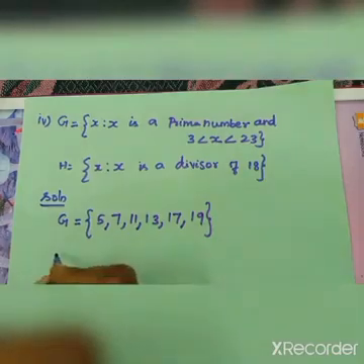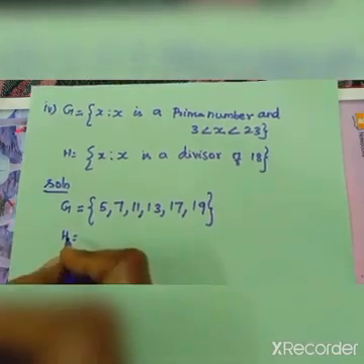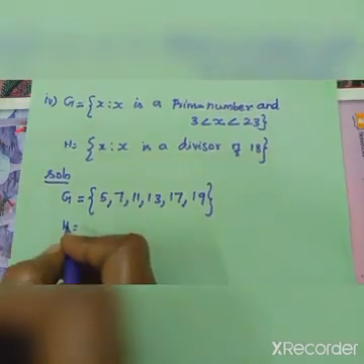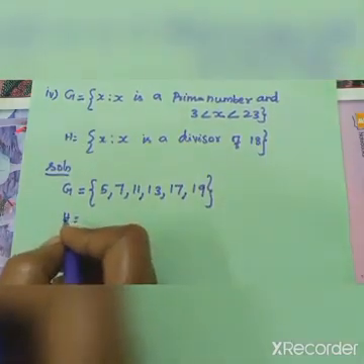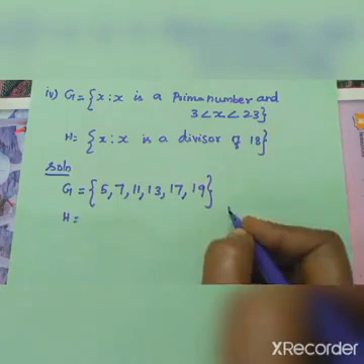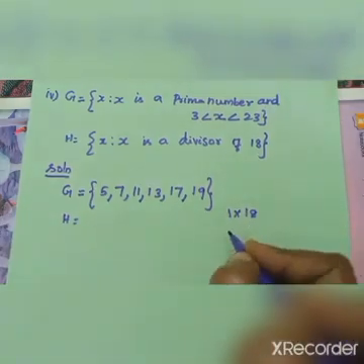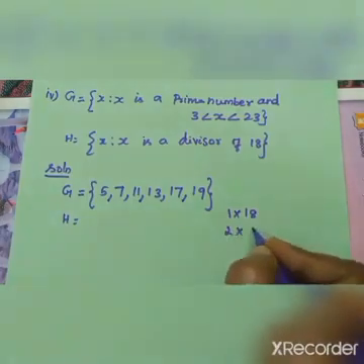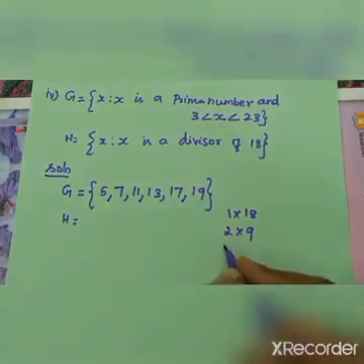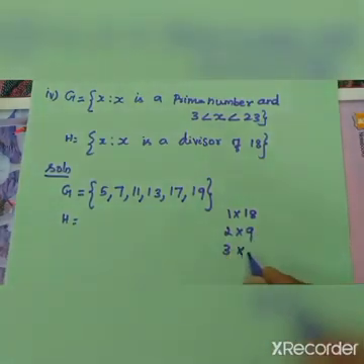Then H. What is the H set? H is equal to {x such that x is a divisor of 18}, like that it is given, isn't it? What are the divisors of 18? 18 can be written as 1 into 18 is equal to 18. Then 2 into 9 is equal to 18. Then 3 into 6 is equal to 18. Any other chance?